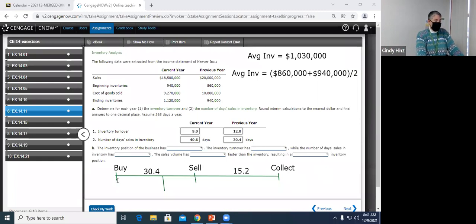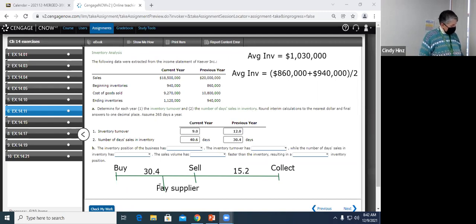The other piece here, from underneath, is from the time we buy until we pay our supplier. So from the time we buy the inventory until we pay our suppliers is another calculation.